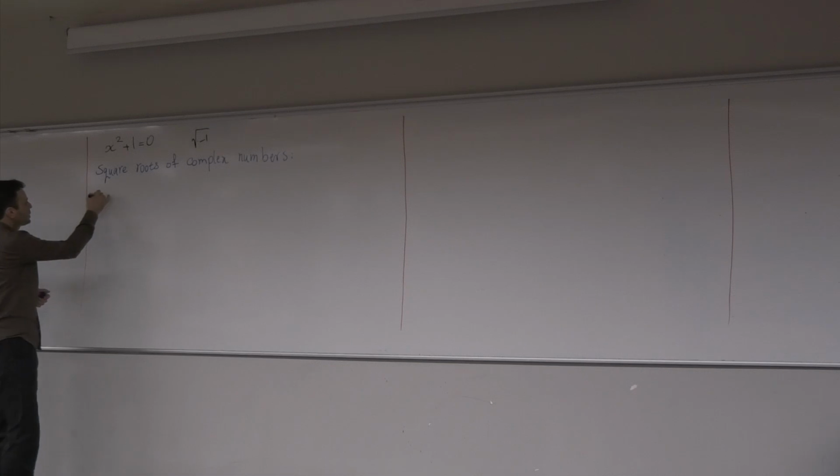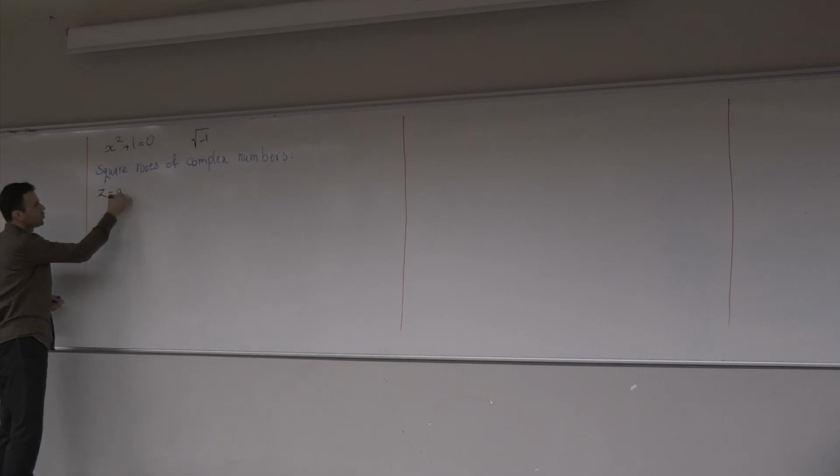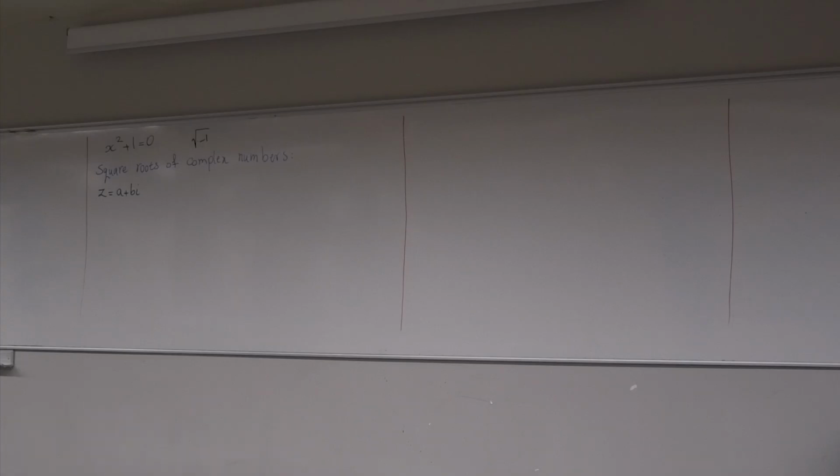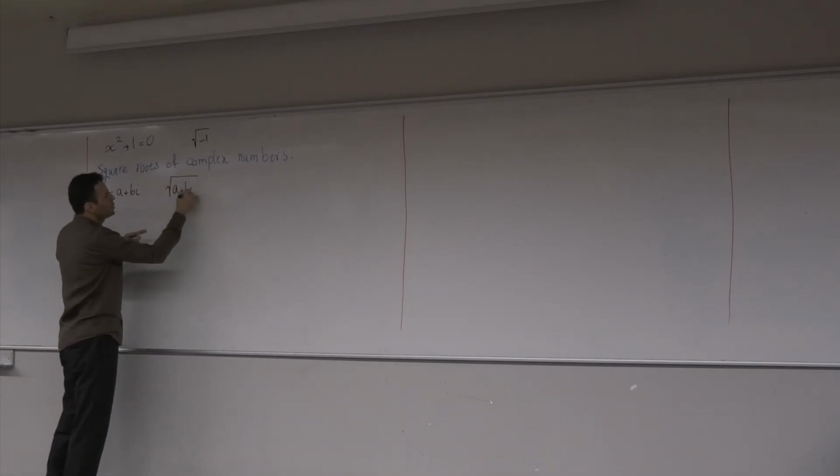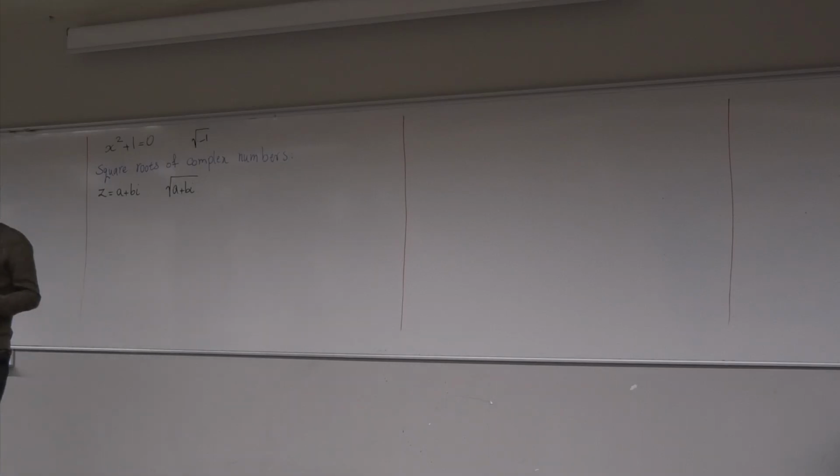If I have a complex number, which is given in this form, okay? When we are trying to find a complex root for it, how can we give meaning to it?